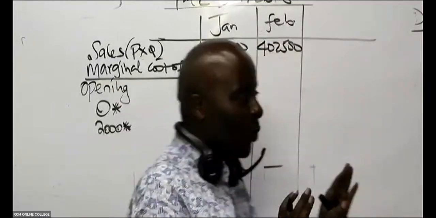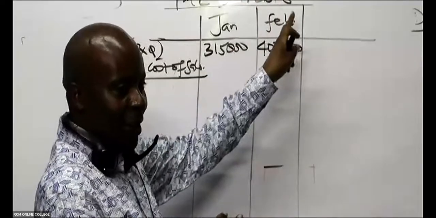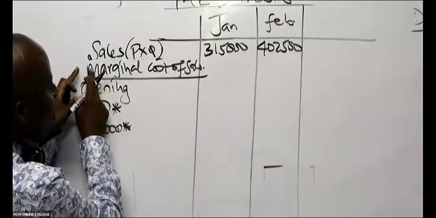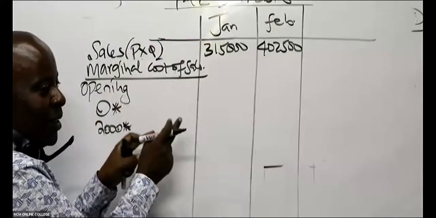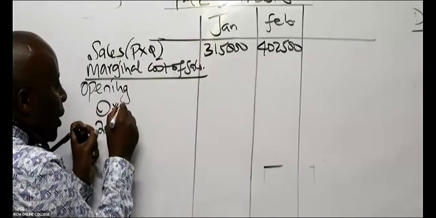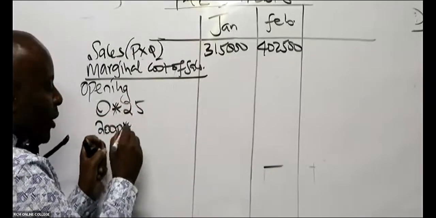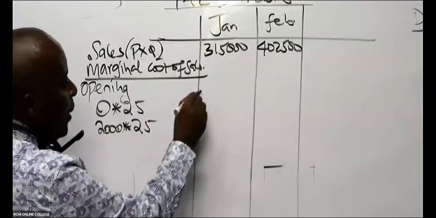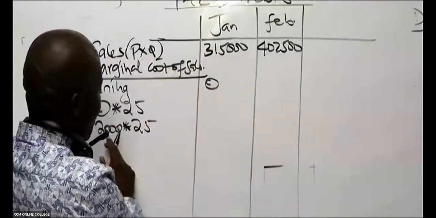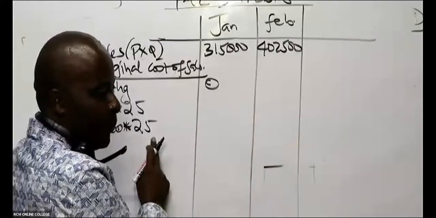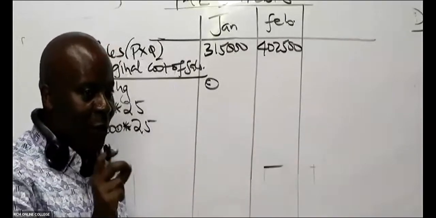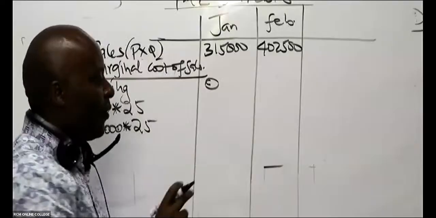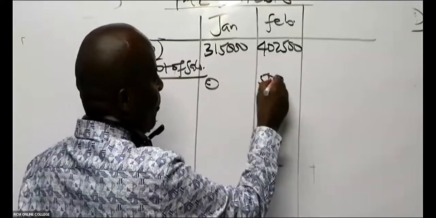But we are now doing marginal costing. That's why we have said you less marginal cost of sales, and the whole inventory here was going for 25, isn't it? 25 as well there. So the first one here will be 0. This will be 2,000 times 25, isn't it? Remember we did our whole inventory valuation, isn't it? 50,000. Is that okay? Yeah.